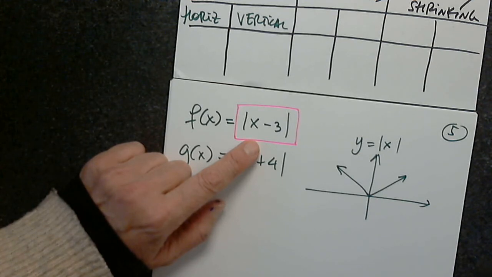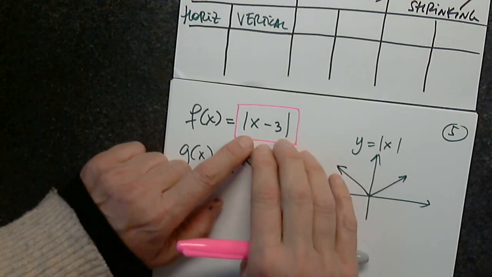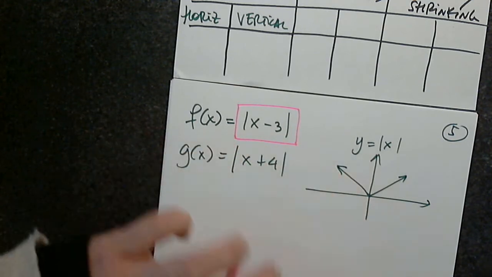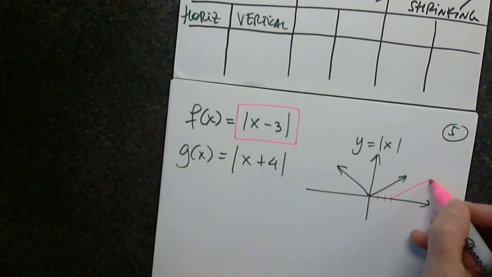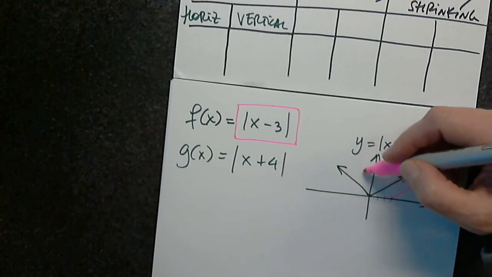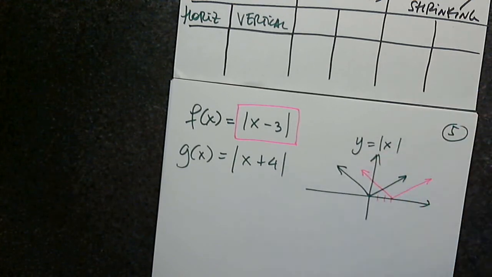How do I determine the x-intercept for any function? Y equals 0. Exactly. So where is this function 0? 3. Exactly. Which means that this is a shift of the original graph of 3 units to the right. This is x minus 3, and it is 0 at 3.